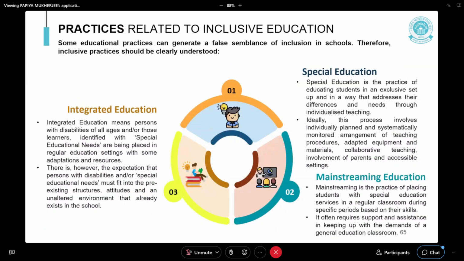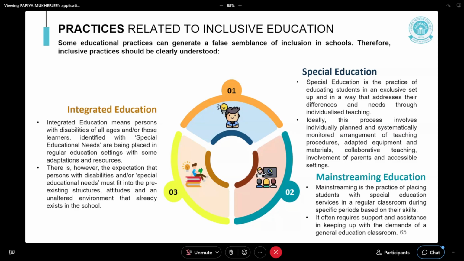There are certain differences, some false semblance. One is integrated education, whereby children with special needs are placed in a regular education setting, and there is an expectation that they must fit into the pre-existing structure and attitudes, the unaltered environment that already exists in the school.